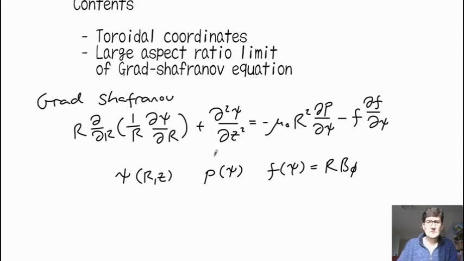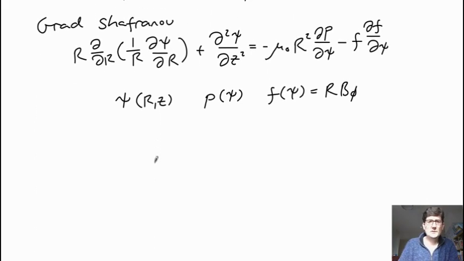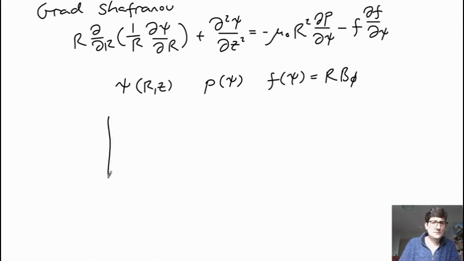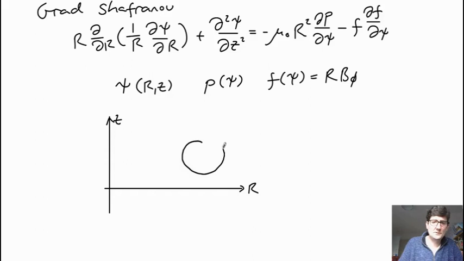And what we're going to do this time is look at solutions to this in large aspect ratio, which is where, if you have the axis of the machine like this, so Z is up, major radius is outwards, R, and now we have a tokamak which is a very large aspect ratio, so that means it has a diameter here, that's called A, so from the axis to the edge, which is small compared to this distance here, so this major radius is r naught.